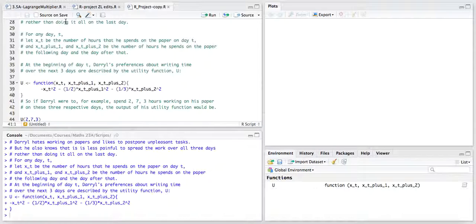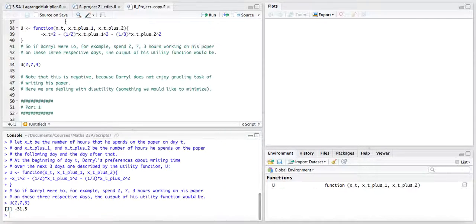So, if Daryl were to, for example, spend 2, 7, 3 and 3 hours working on his paper on these 3 respective days, the output of his utility function would be minus 31.5. It's probably worth noting that this is negative because Daryl doesn't enjoy grueling tasks, and writing his paper is particularly grueling. So here we are dealing with disutility, something that in this case we would like to minimise.